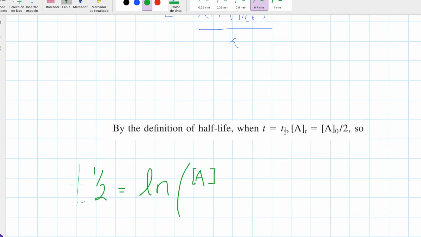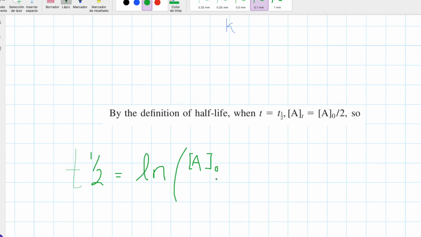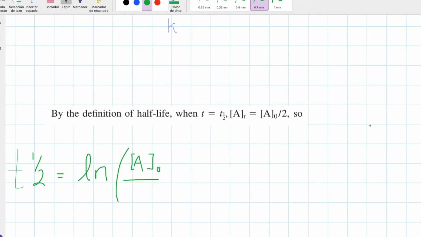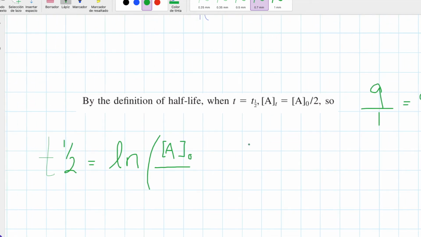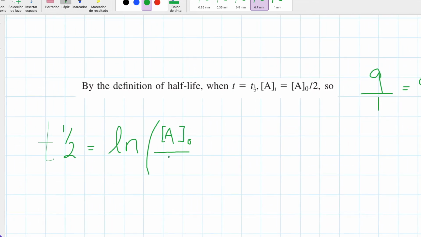So we would have ln of initial concentration, then over, remember, all of the numbers could have a 1 as a denominator, so it wouldn't change anything, like 9 over 1 is 9.